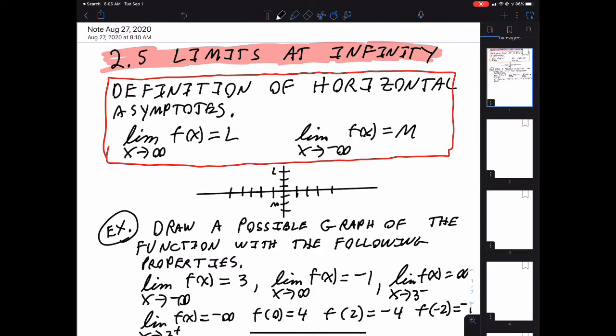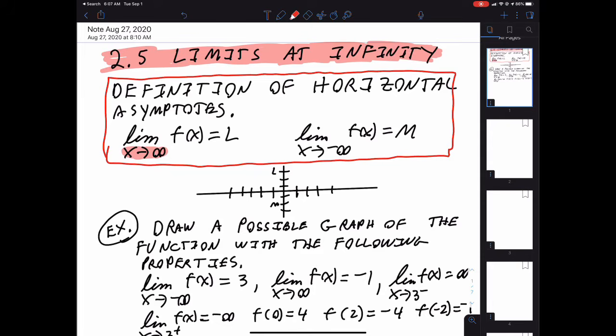So let's look over this and think about what this is actually saying. Let's look at the first one. This one here. So this statement here, x going to infinity.